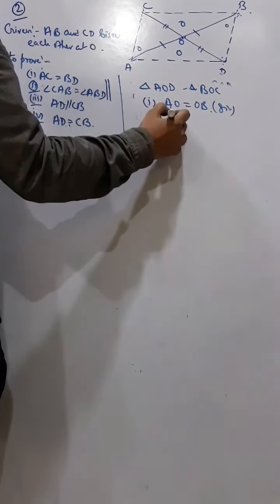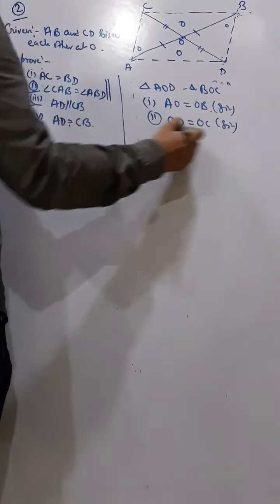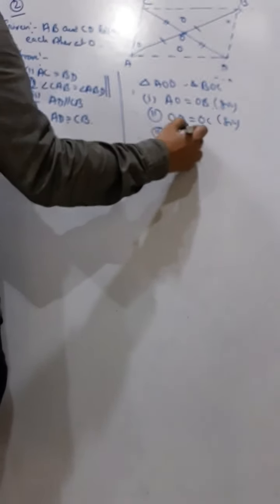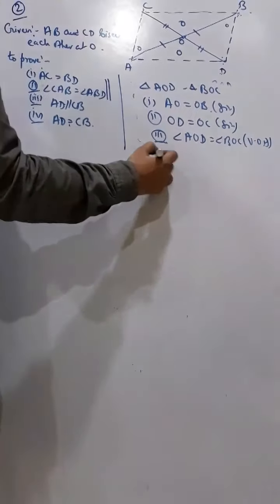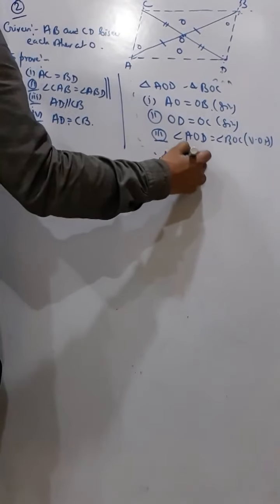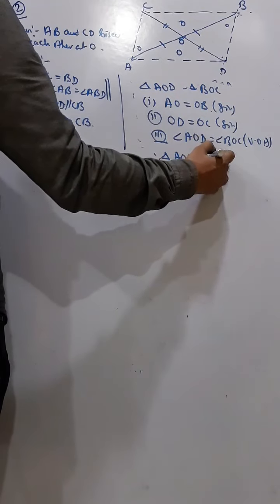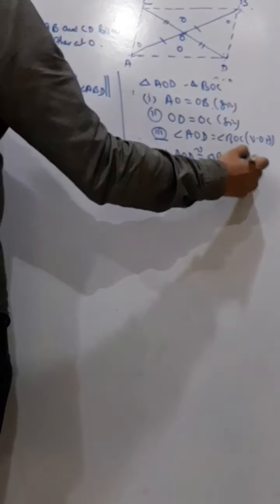Same reason, number two, OD is equal to OC, this is also given. And number three, we can say angle AOD is equal to angle BOC, that is vertically opposite angle, and therefore triangle AOD is congruent to triangle BOC, again side angle side.